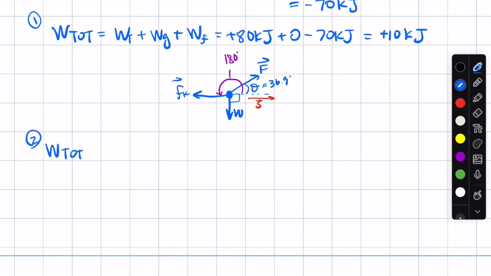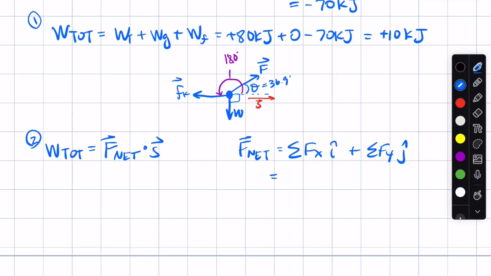The other method of finding the total work done is taking the net force dotted with the displacement. So let's find the net force. It's the sum of all the forces in the x and the sum of all the forces in the y. Okay, so the net force, let's get all our x components.